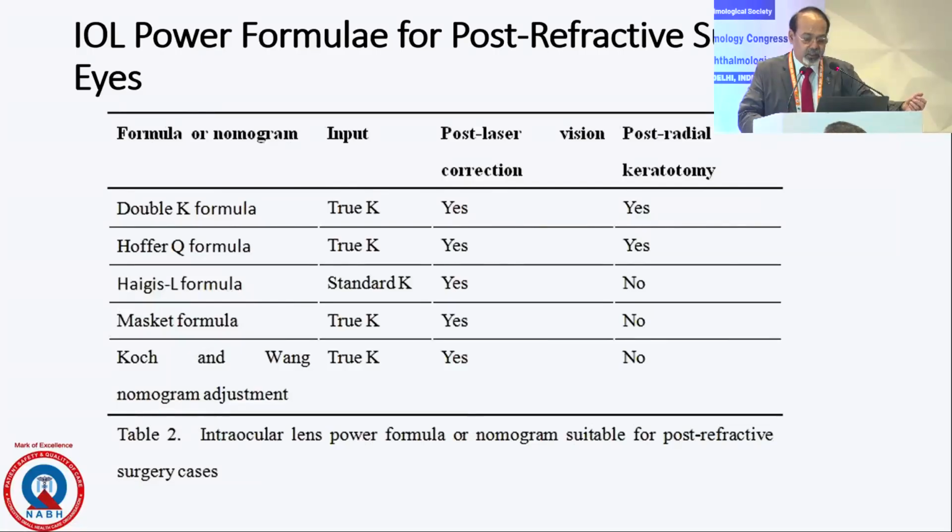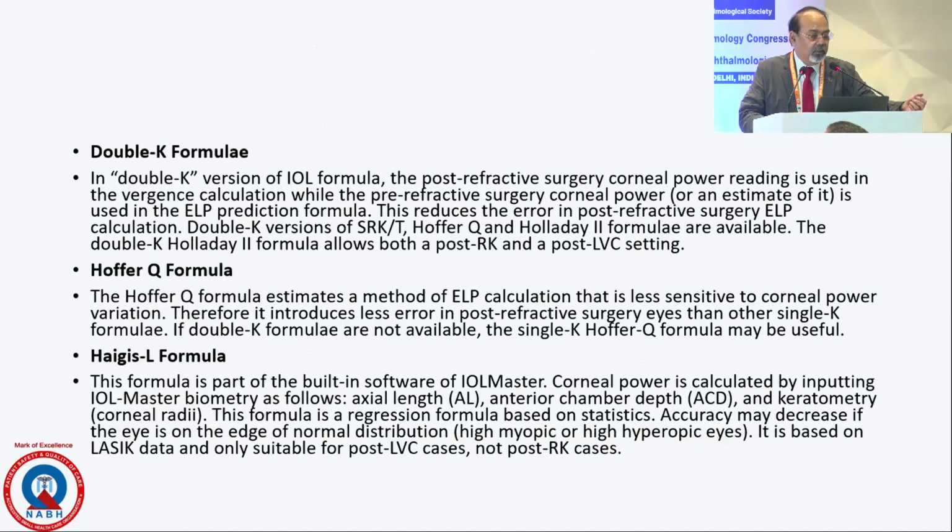That is the best way to go forward. The double K formula is very difficult to explain in two sentences, but at least go back and read the Aramberri double K formula. This is a wonderful method.